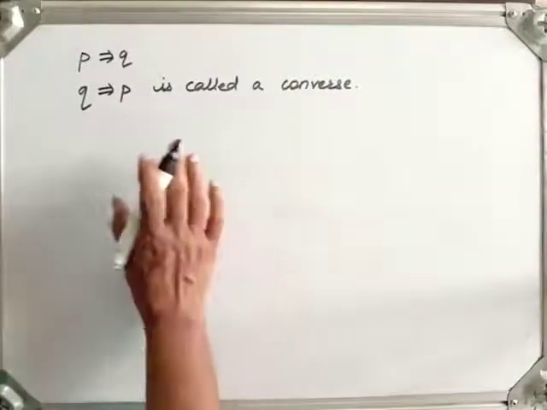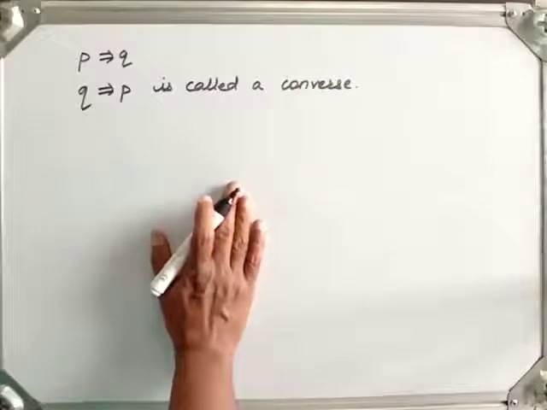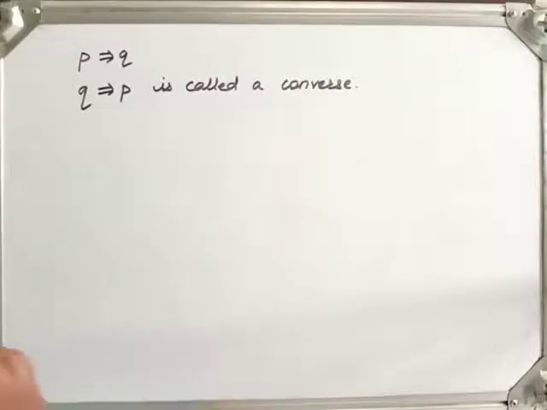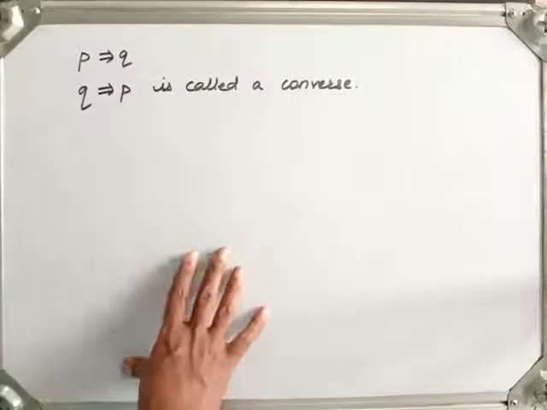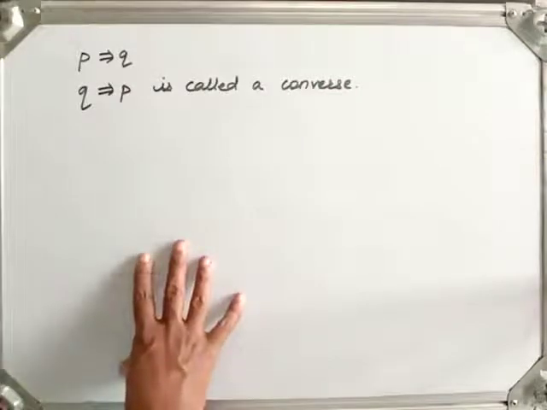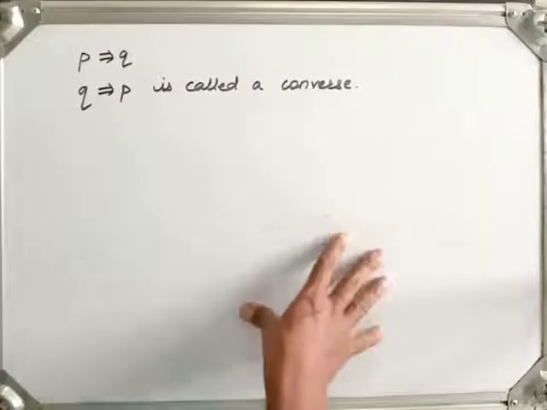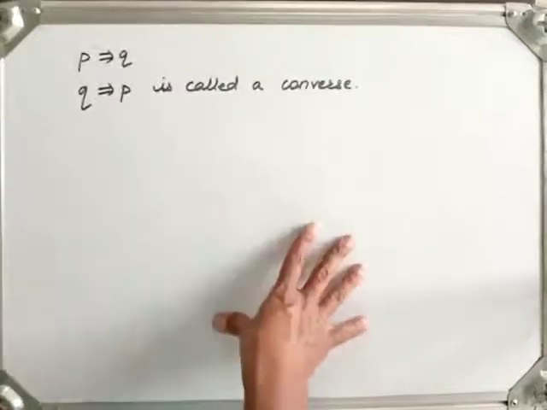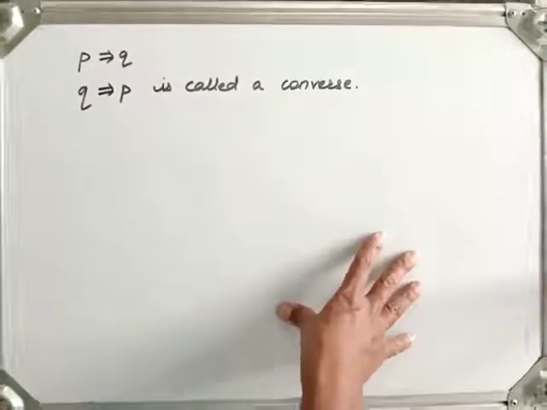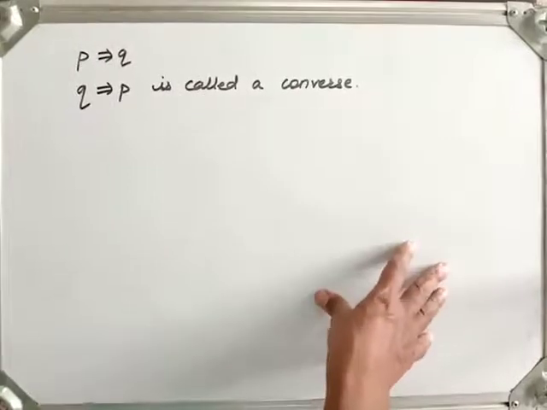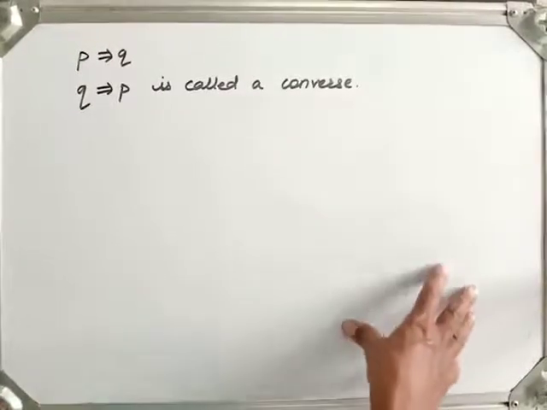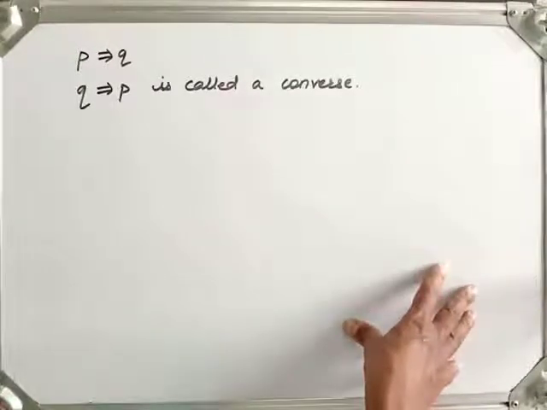Suppose I am taking the Pythagoras theorem: if there is a right angle triangle at B, then the hypotenuse square is equal to the sum of squares of the other sides.